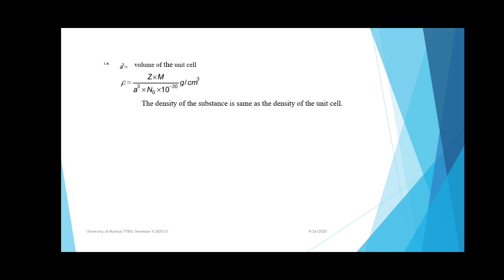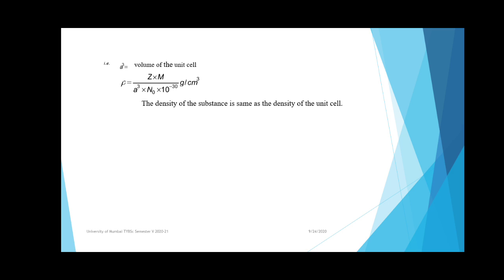So density of unit cell is equal to Z into M. Remember this formula: Z into M upon a cube into N0 multiplied by 10 raised to power minus 30, in gram per cm cube. That gives you the density of that substance. The density of substance is the same as the density of unit cell.